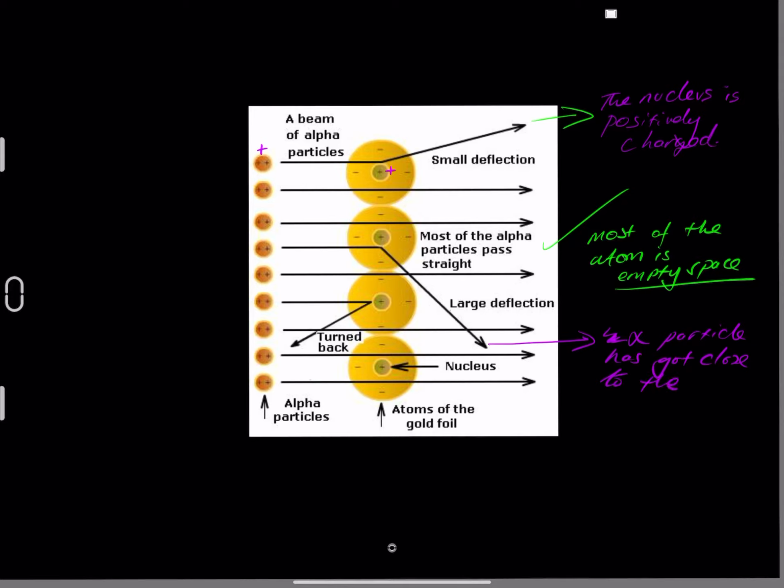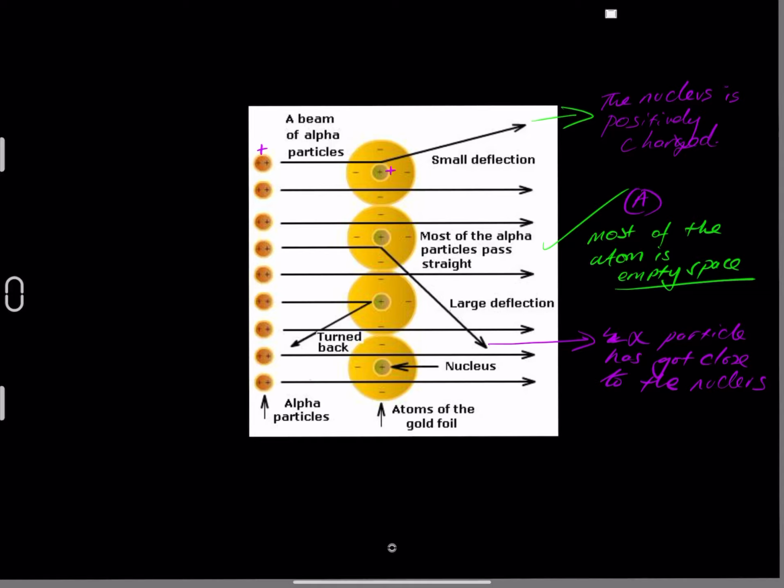So large repulsion here. Now, in terms of percentages, this would be the most. So most of the alpha particles passing straight through, that was what the majority of the results were showing.